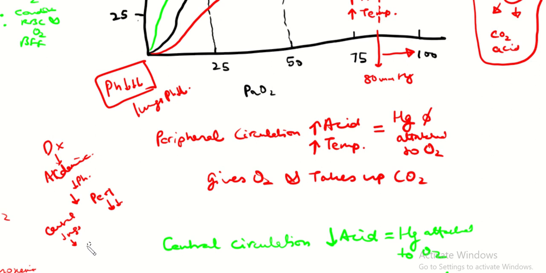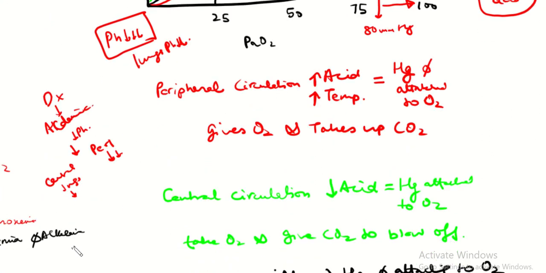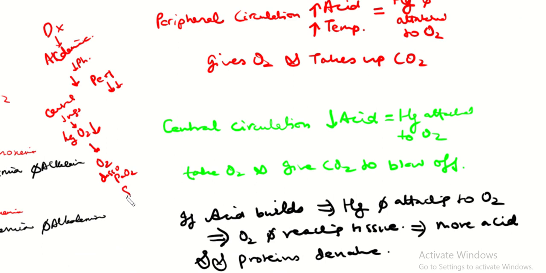Which means this curve, the affinity of hemoglobin to oxygen, is going to go down. Which means in the lungs, even though I am breathing in oxygen and it's getting dissolved in my blood as PaO2, it's not going to saturate my red blood cells. You with me on this?